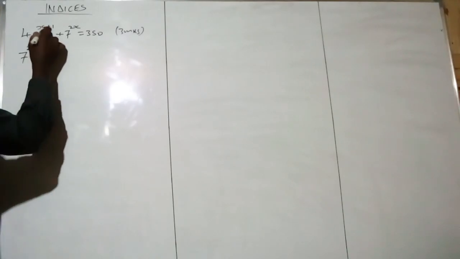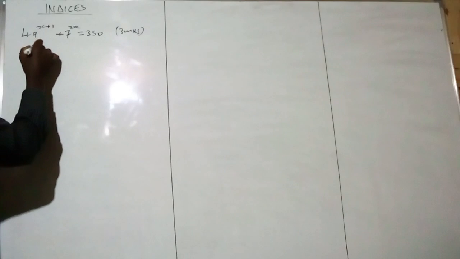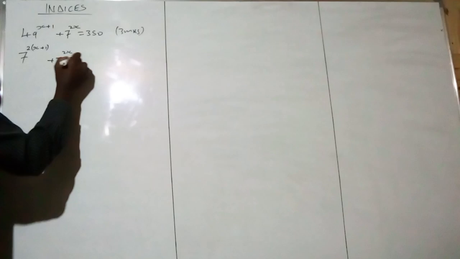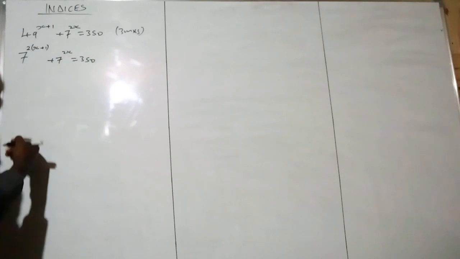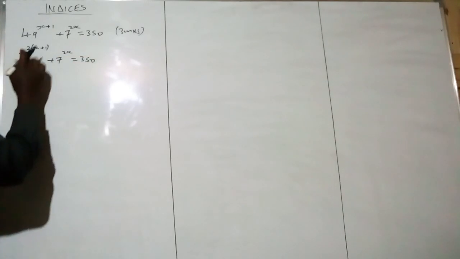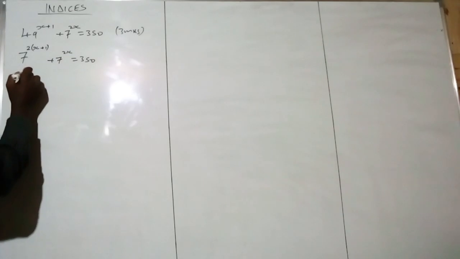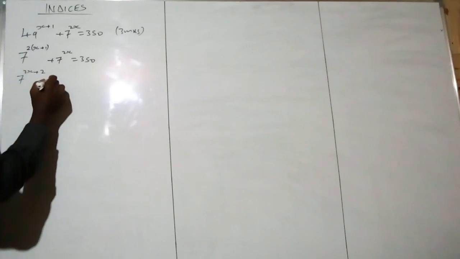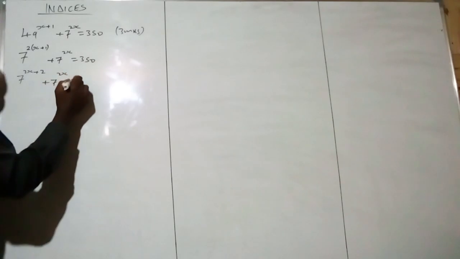You can open the bracket and say (7^2)^(x+1) plus 7 is power 2x is equals to 350. You can open the brackets and say 7 is power 2x plus 2 times 1 is 2. Then plus 7 is power 2x is equals to 350.